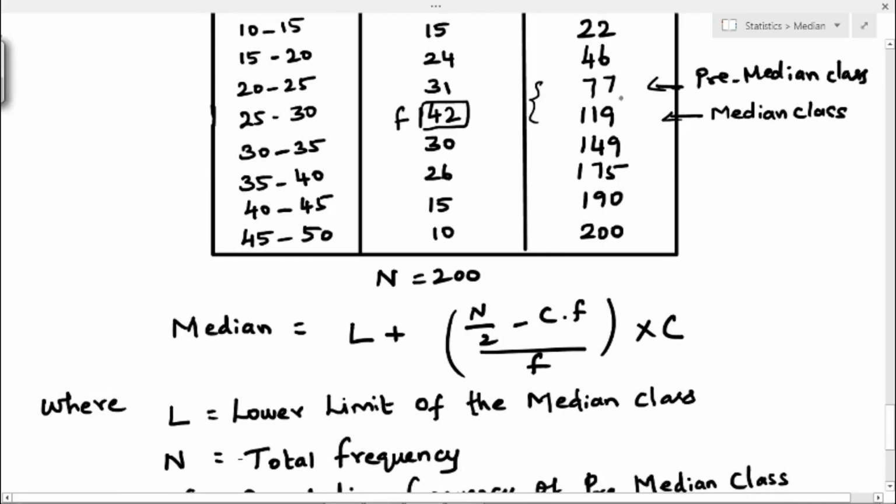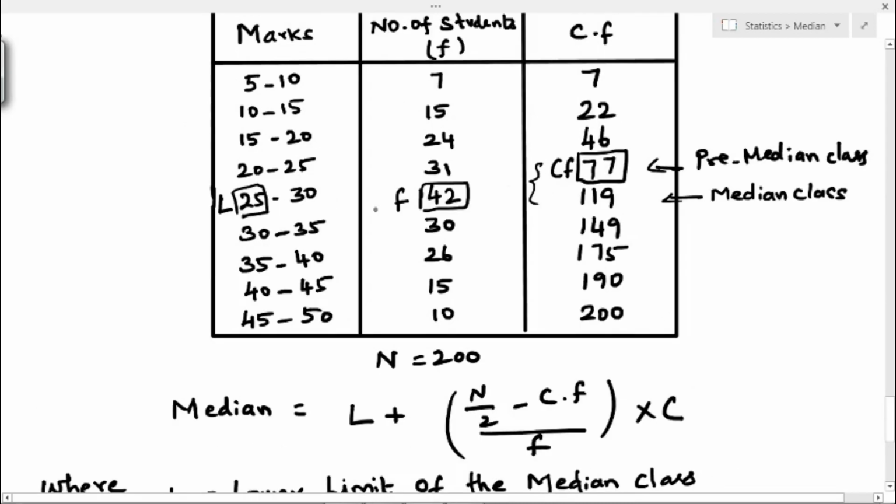The median class, corresponding to 119, has limits 25 to 30, so the lower limit is 25. We also have to find C, the class interval. Here we have 5 to 10, 10 to 15 and so on, so the class interval is 5. So the C value is 5.